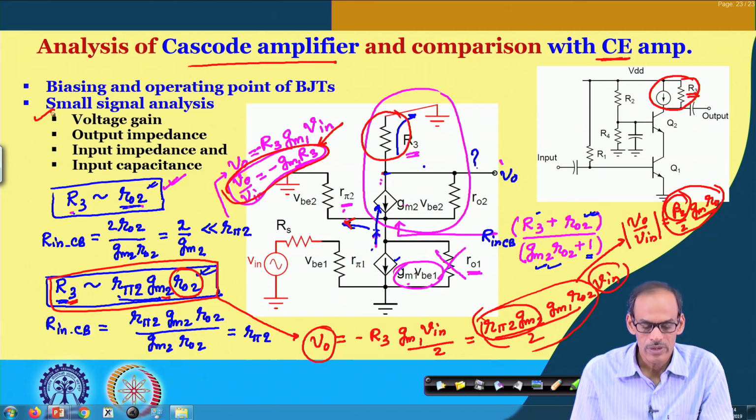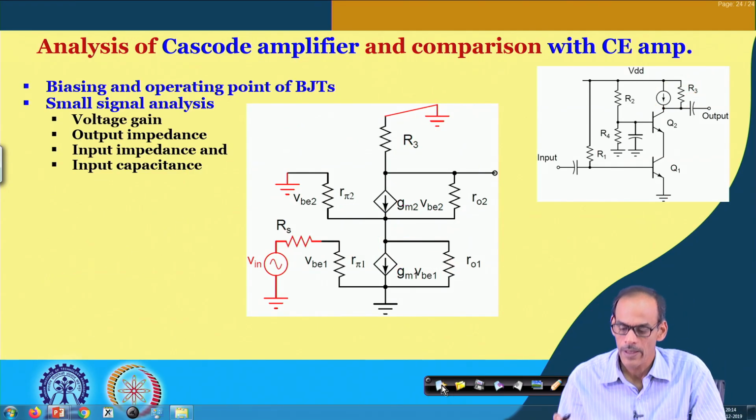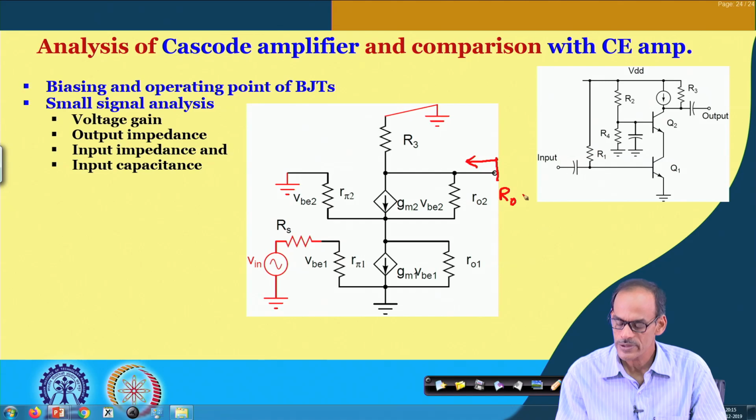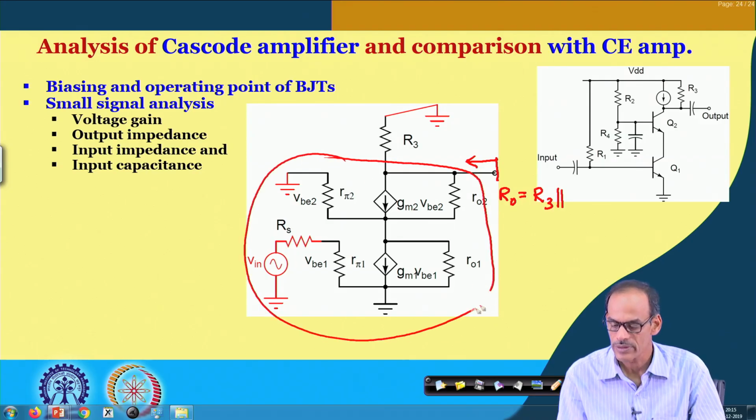Now, let us look into the output impedance. So, this is the output port, and R O is R3 coming in parallel with whatever resistance comes out of this entire circuit.